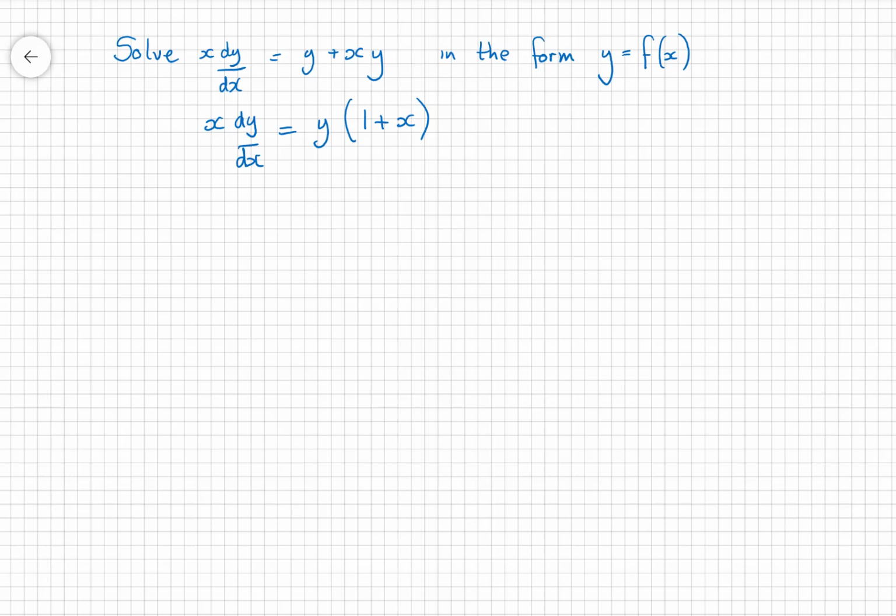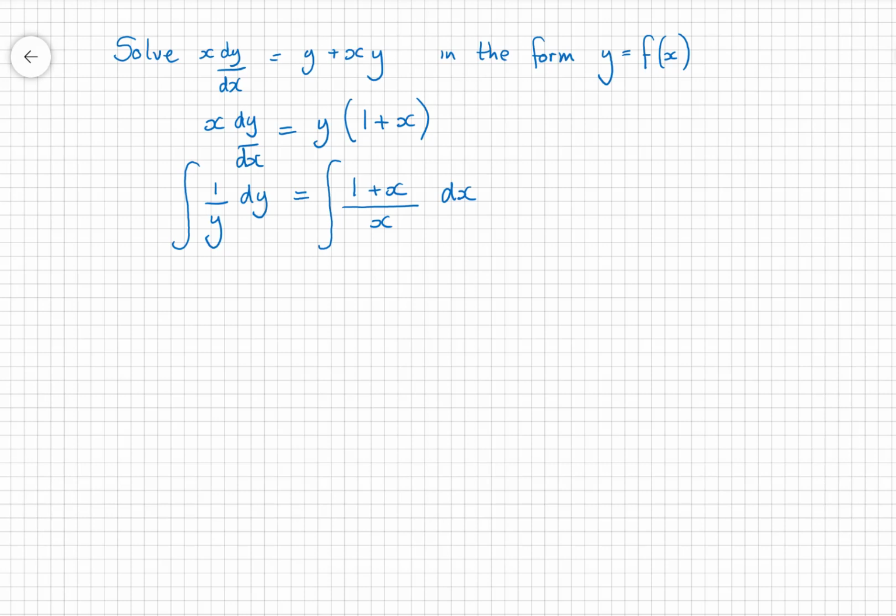I can bring the y over from the right to the left-hand side to give me 1 over y, and of course I'm going to leave the dy where it is. I've already got on the right-hand side 1 plus x, and then I'm bringing over the other x on the left-hand side and dx, and then I'm going to integrate both sides.